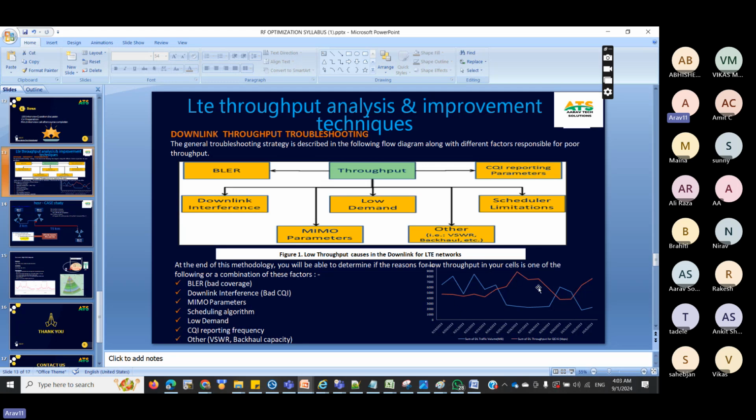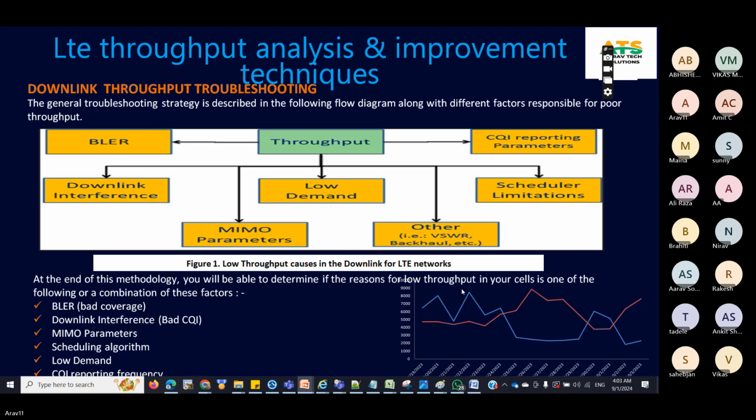So can we conclude that throughput was low due to traffic? Your throughput was below 5 Mbps, but once traffic decreased, your throughput increased. Are you able to conclude from this chart? Let me show. So this is one case for throughput analysis.